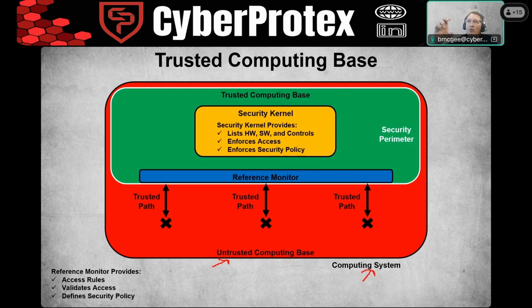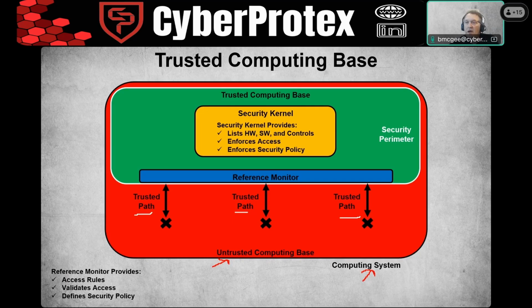So anything that needs to connect to it from the outside, like let's say we need comms to it over VSAT or Link 16, or if it's in a tactical environment, maybe a directional antenna or something like that, we would need to create what is called a trusted path. And that trusted path typically would have to go through this thing that's called the reference monitor.